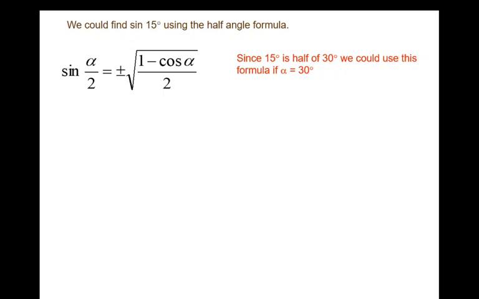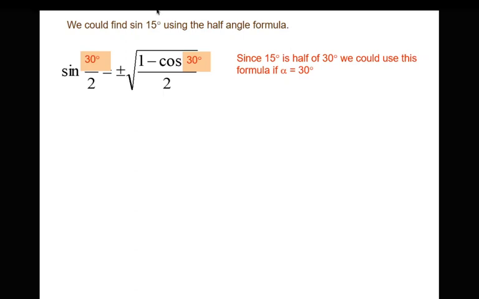So we can use the formula where this alpha is 30 degrees. Just like any other function, wherever you put in x, you're going to put it into the equation. So 30 divided by 2 is 15 degrees.